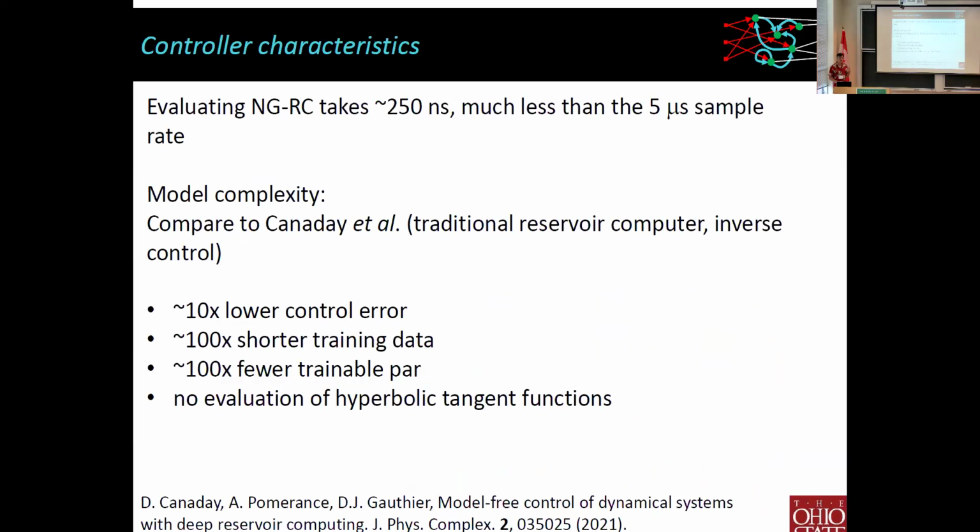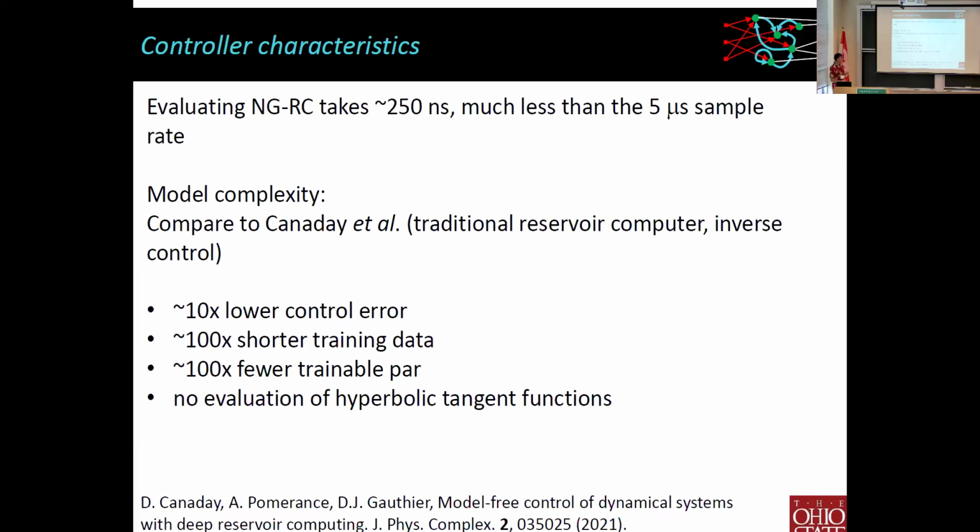So just to give you some numbers, using this really cheap embedded device, this field programmable gate array, evaluating the control perturbations on the NGRC only takes about 250 nanoseconds, which is much, much shorter than any other timescale in the system. So the NGRC is such a simple model that you can really do these computations very quickly with very little computer resources.